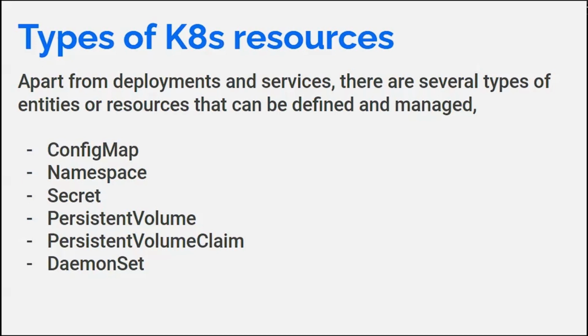We have some other resource types as well, which will be helping the deployments and daemon sets that we need and use. Those are config maps. Config maps we use to give environment variables and also configuration files, because containers are stateless and immutable.